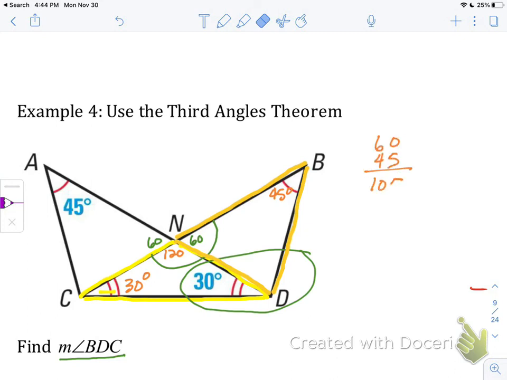That gives me 105. So if I added another 75-degree angle, I would get 180 degrees, which is what I want. So this much must be 75. So angle BDC is going to equal 30 degrees plus 75 degrees, or 105 degrees. Okay, I think I have one page left.